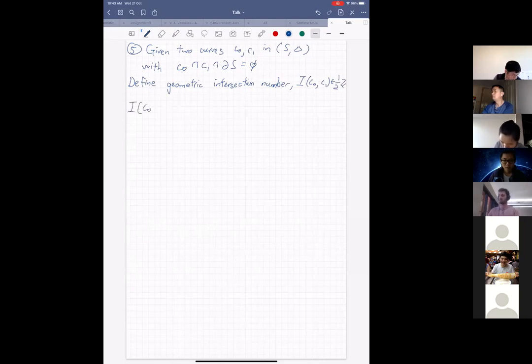So how do we define it? We define it to be 2 if C0 and C1 are simple closed curves and they are isotopic. And this long formula: otherwise, we count their intersection in S0 to be 1, and then half the value if we count it at the puncture and a finite mark point.